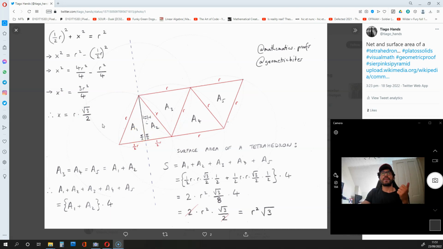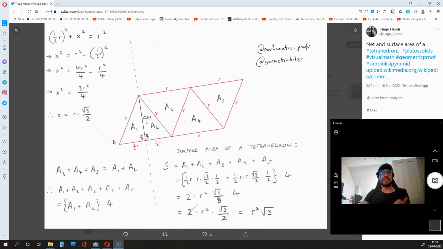Before we proceed further though, let's acknowledge that A1 plus A2, these two areas over here, are the same as A3, A4, and A5, okay? And the surface area of the tetrahedron is A1 plus A2 plus A3 plus A4 plus A5, okay? If we can get A1 and A2, we're going to get everything.